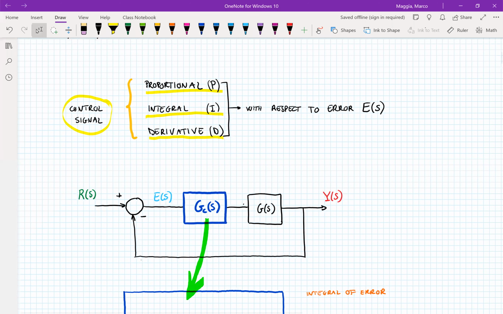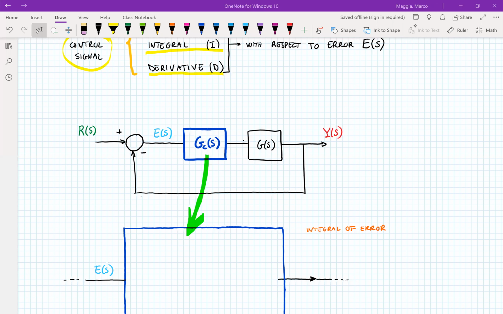So if we take a look at the block diagram of our closed loop system, we have, as usual, the input, the output, our plant G of S, and we have our controller GC.